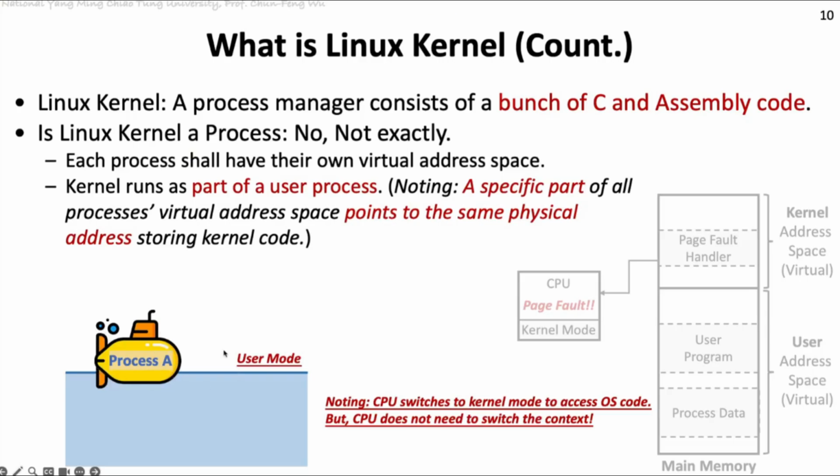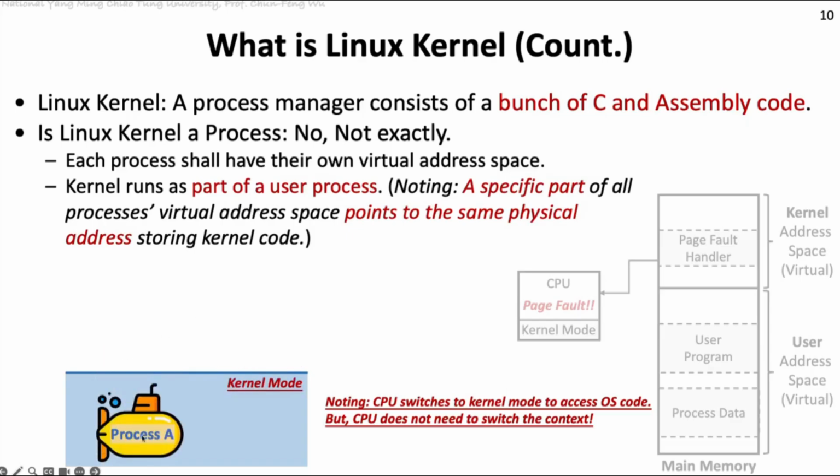When process A needs a service from the operating system, process A dives into the water. If process A is in the water, or you can think of the CPU being in kernel mode, this is still the same submarine. So user mode or kernel mode, it is the same submarine.